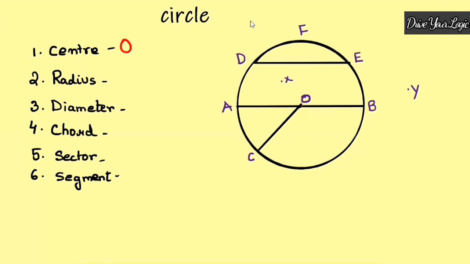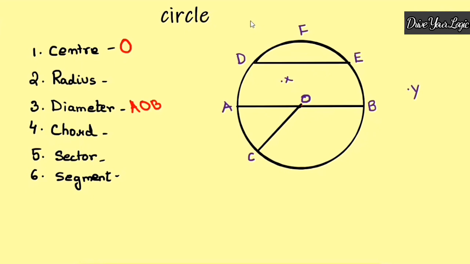So always remember, radius is always half of diameter. And what is diameter? Here our diameter is AB, or we can write it as AOB. When a line touches the circumference passing through the center O, that line is called a diameter. And in a circle, you can draw as many diameters as you want.